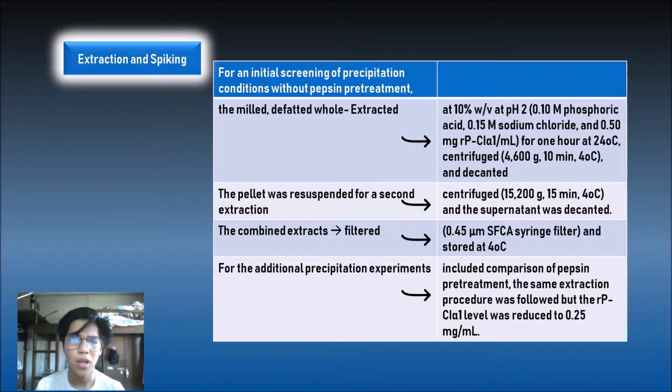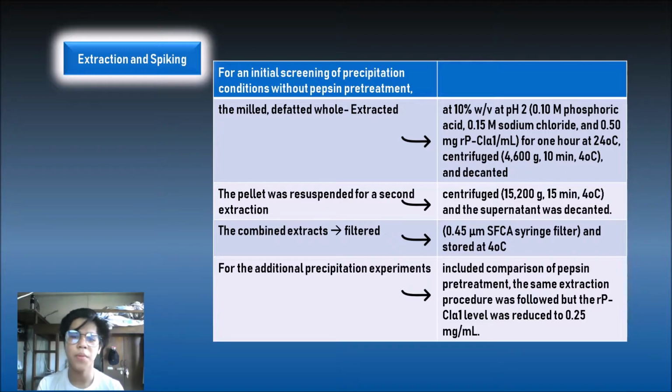The pellet was suspended for a second extraction, centrifuged again, and the supernatant decanted. The combined extracts were filtered and stored at 4 degrees Celsius.